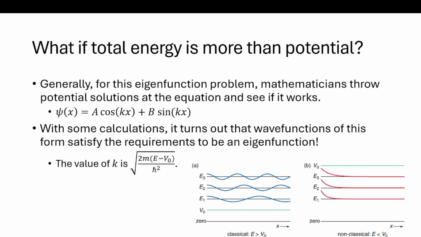We can come up with a wave function in the form of combinations of trigonometric functions. You can see we have cosine functions and sine functions, and overall we're doing pretty good. We have this pretty simple wave function that fits the eigenvalue problem and satisfies it.